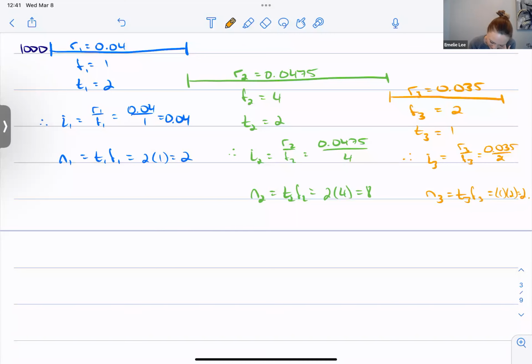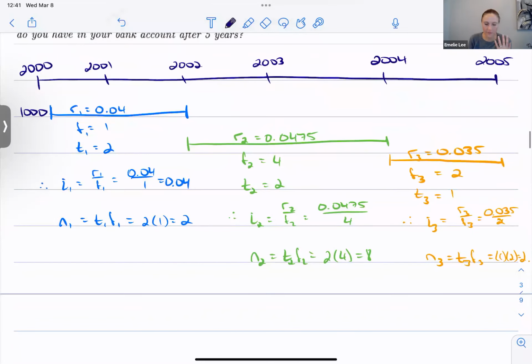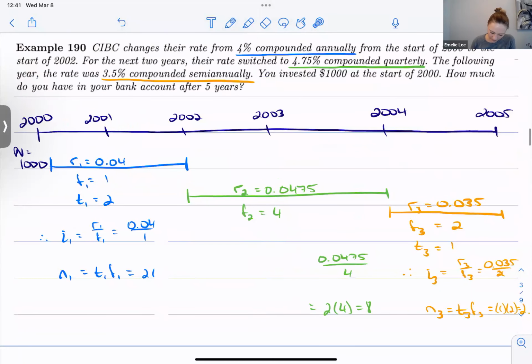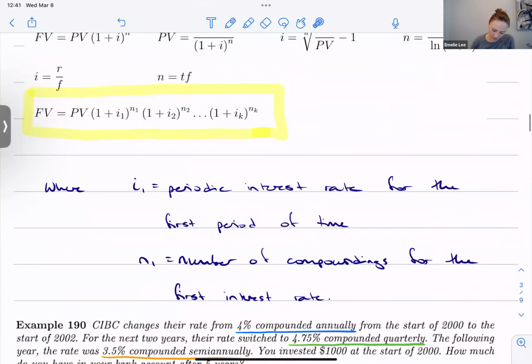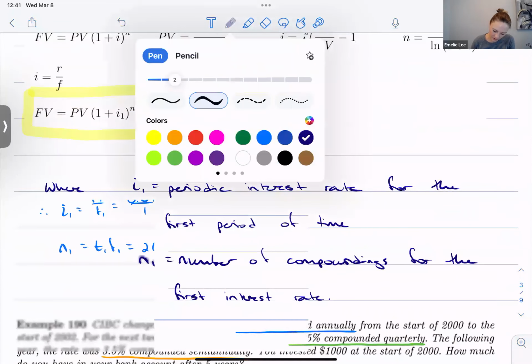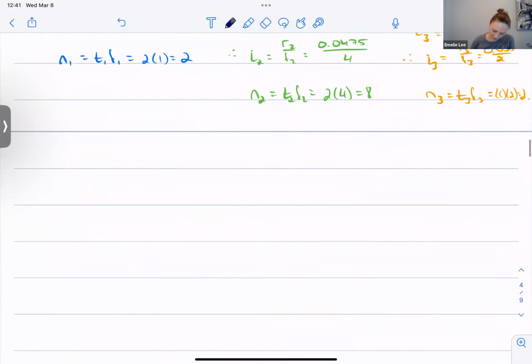Now, I remember that everything on the left-hand side of a timeline is a present value. So the present value is 1,000. And I want to know how much you have in your bank account after 5 years. I want to find the future value. So using this formula, let's jot it down more specifically here.